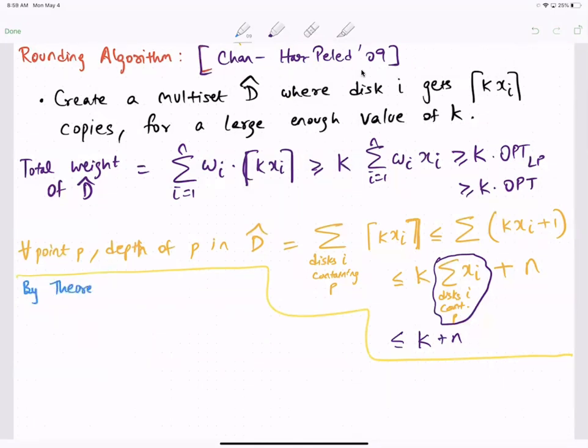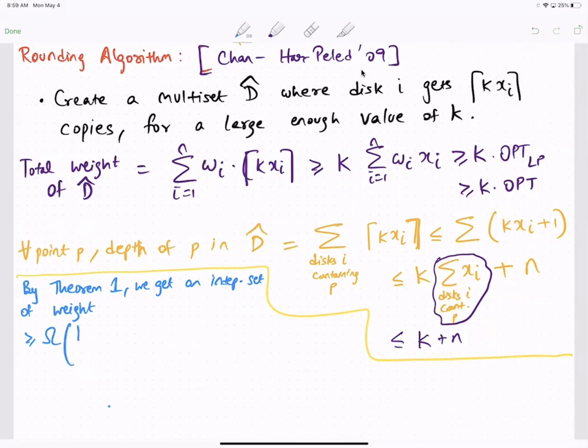By theorem 1, we get an independent set of weight at least... So what was the total weight?